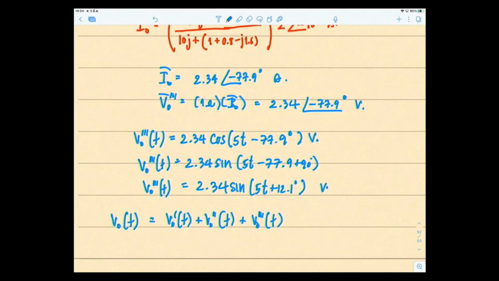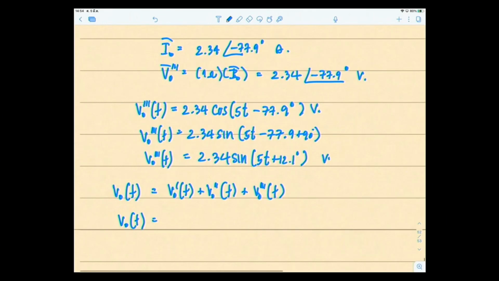Please answer in terms of the time domain. Some of you may write in the phasor domain, V out prime, V out double prime, V out triple prime, and add them up into one value. That's wrong. You cannot add them up that easily because they have different omegas. So write it in the time domain.